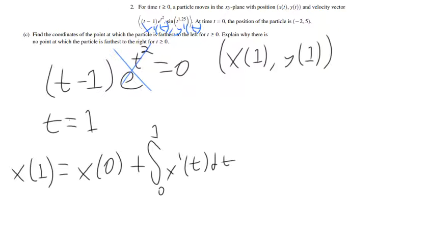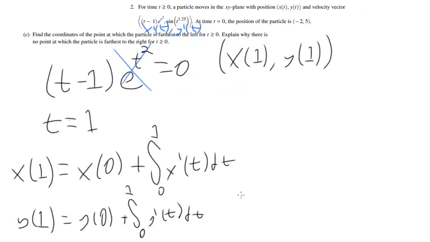If you think about the fundamental theorem of calculus here, the integral from 0 to 1 of x prime of t dt is going to be x of 1 minus x of 0. And the x of 0s will cancel out, and you'll just be left with a true equation. Similarly, for y of 1, this will be equal to y of 0 plus the integral from 0 to 1 of y prime of t dt.